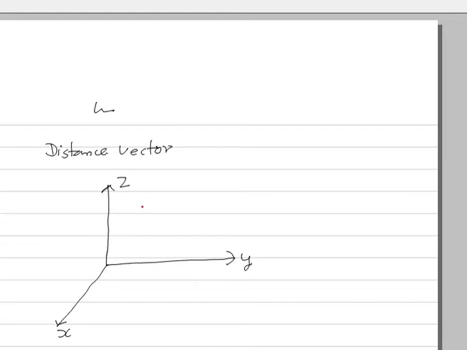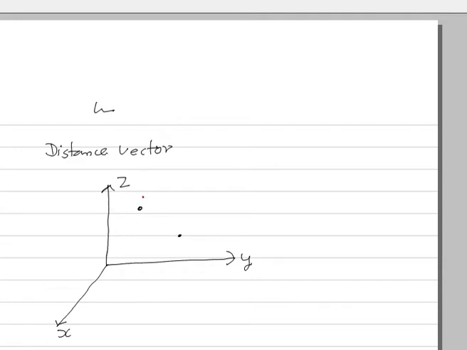Now we discuss the distance vector. First of all, draw the Cartesian coordinate in three dimensions. Here mention this is y, x and z. Consider two points in any plane. So here we consider the two points in the zy plane or x equal to 0 plane.